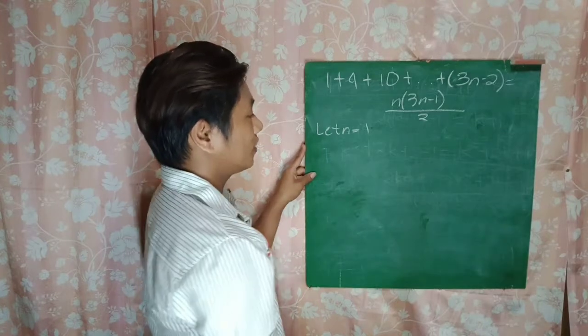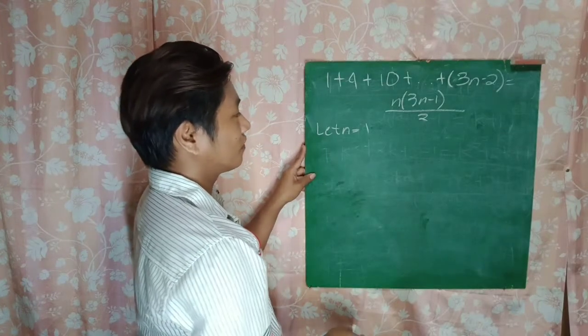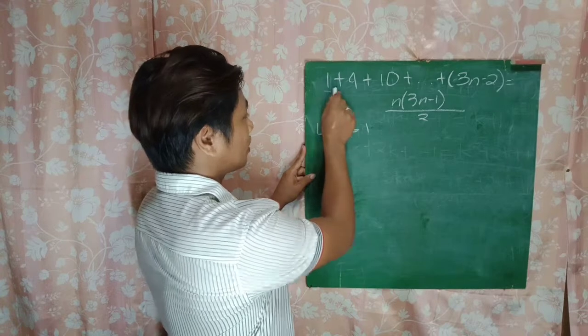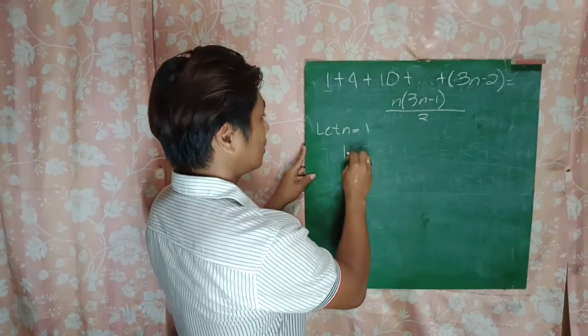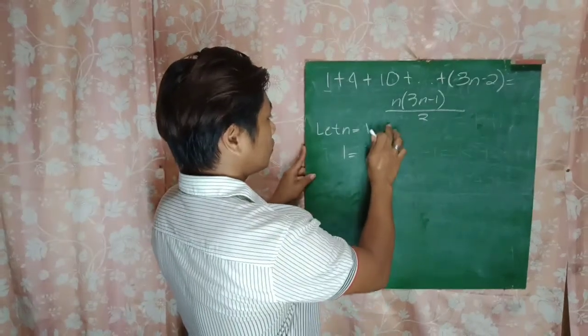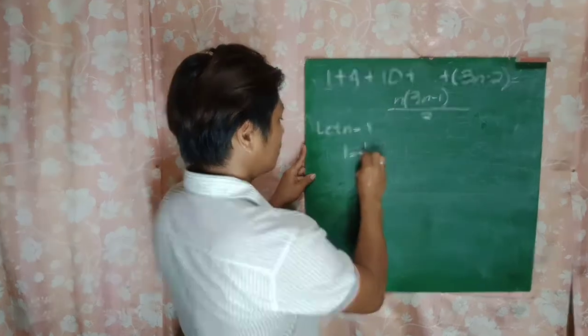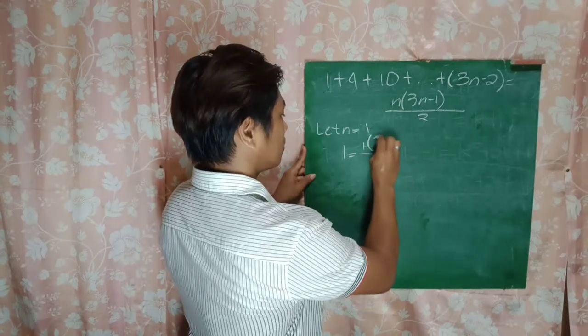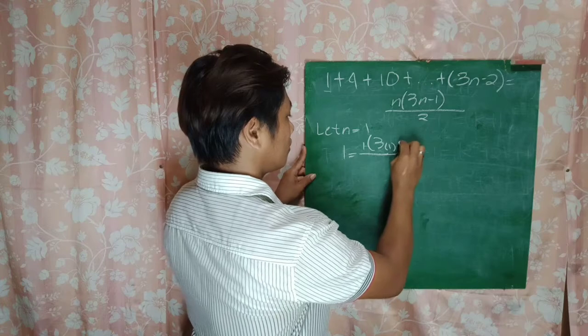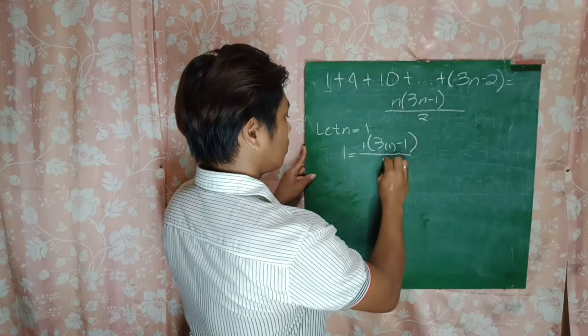So since we let n equal to 1, we need to copy the value of the first term. So we have 1 equals, by letting n into 1, 1 times 3 times 1 minus 1 over 2.